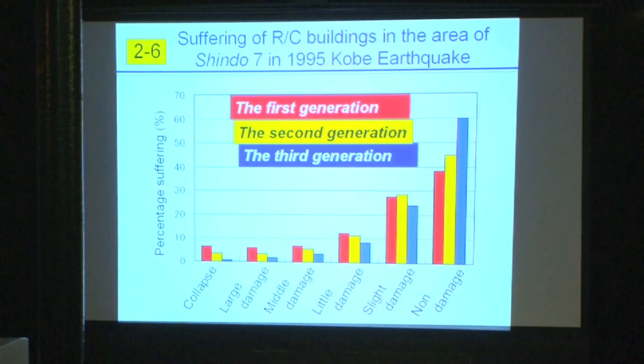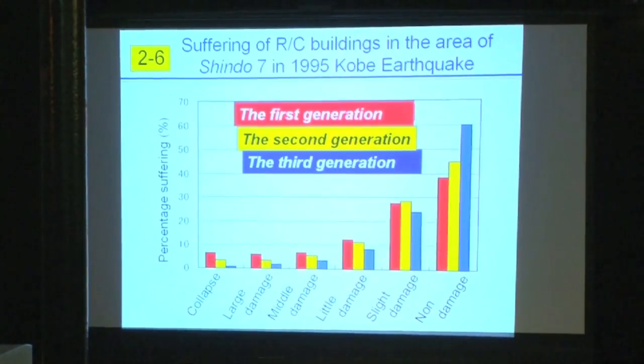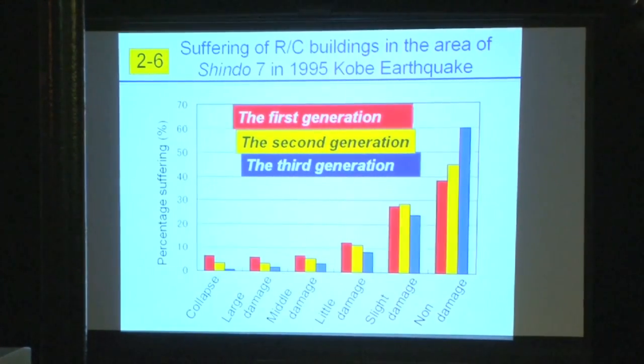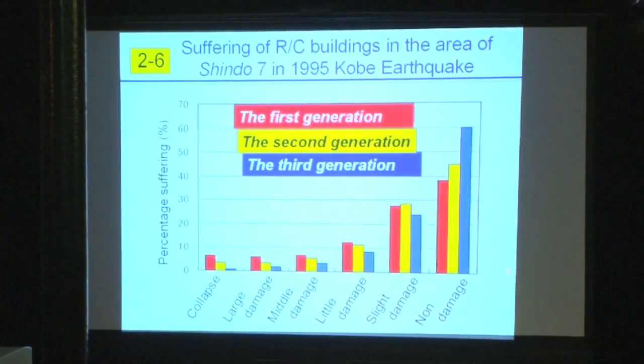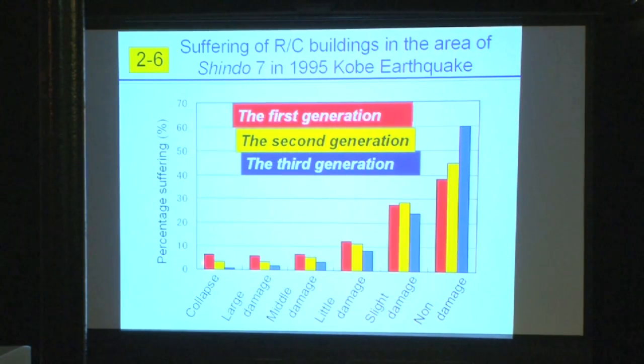This is a comparison of reinforced concrete buildings that suffered in the area of Shindo 7 in the Kobe earthquake. The lateral axis expresses the damage level from collapse to non-damage. The share of damaged buildings in the first generation, colored in red, was several percent in collapse and also several percent in large damage.